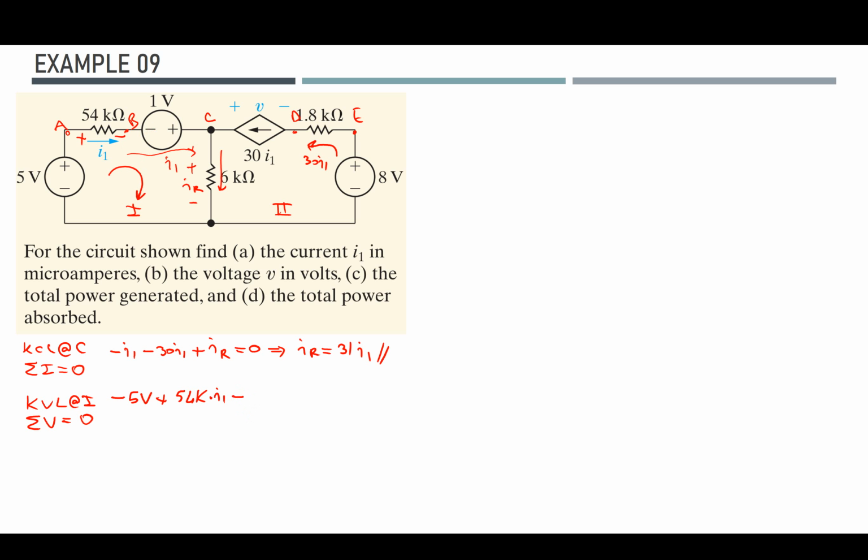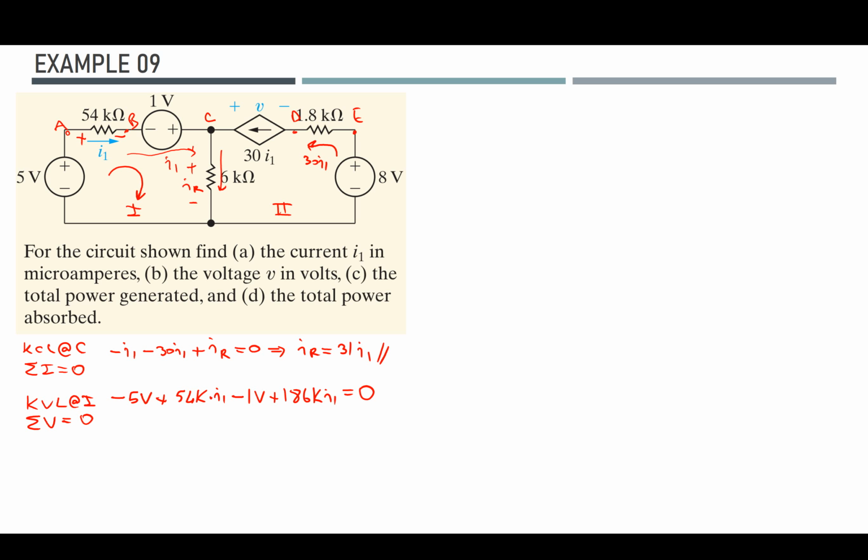I encounter the negative sign first, so I put negative 1 volt, and plus, if you multiply the resistance of 6 kilo ohms with 31 I1, you obtain 186k I1, and this should sum up to 0 because I completed my loop.